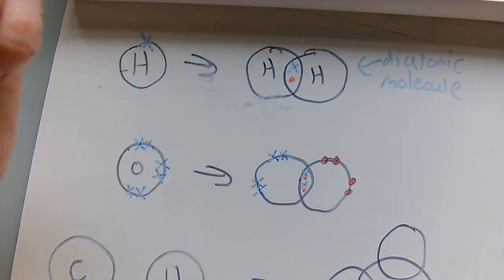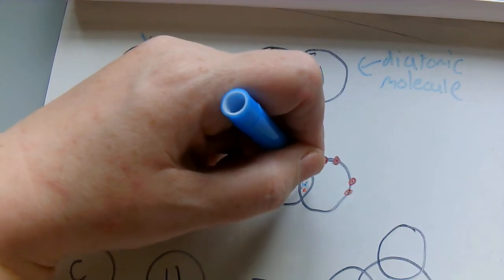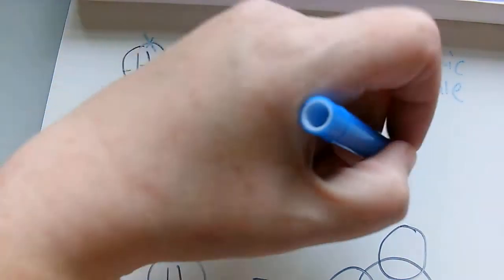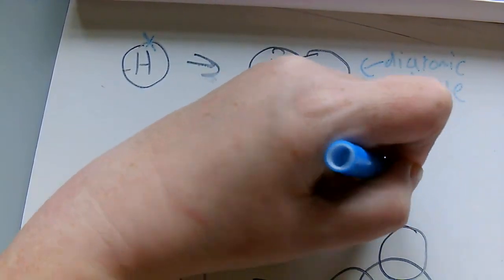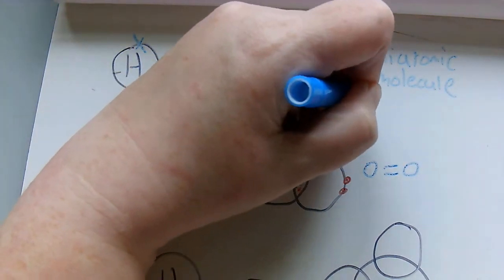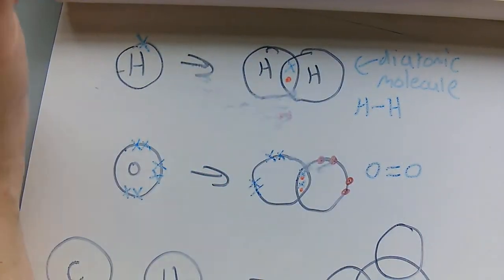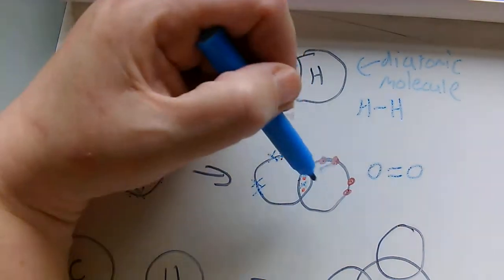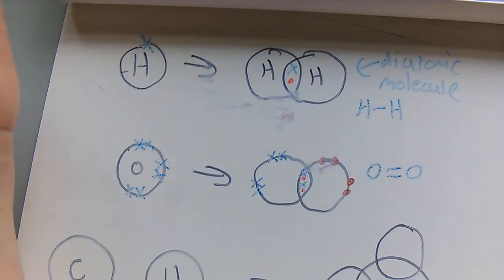Now this forms a double bond because there's 4 electrons shared in total, 2 from each, and if you were to draw this, it would be O, double bond O, like so. Hydrogen up here would have been H, line H, and you can see here we've got 2 lines, so that is a double bond. 2 pairs of electrons shared.